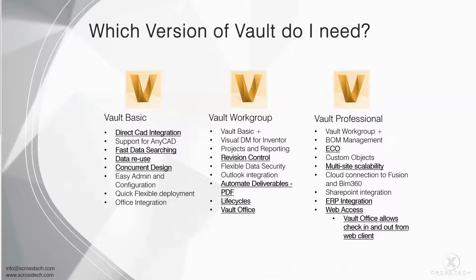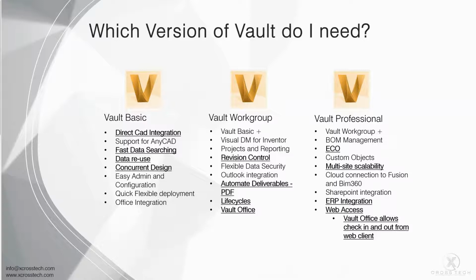You've got the ability for multi-site scalability. So if you've got multiple sites around the country or around the world, then you can use something called replication, which is part of Microsoft's SQL. It allows you to link all of your sites together, so you're all working from the same data.